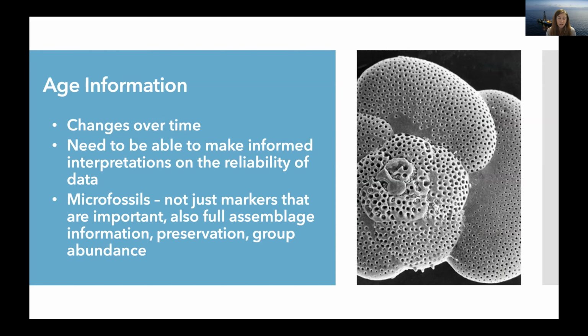Microfossils, as an example, are not just important for biostratigraphic markers, but also the full assemblage information can be important for tracking assemblage changes across ocean basins. And when looking at individual biostratigraphic markers, the overall preservation and group abundance can be really important when trying to make interpretations on the reliability of these markers.